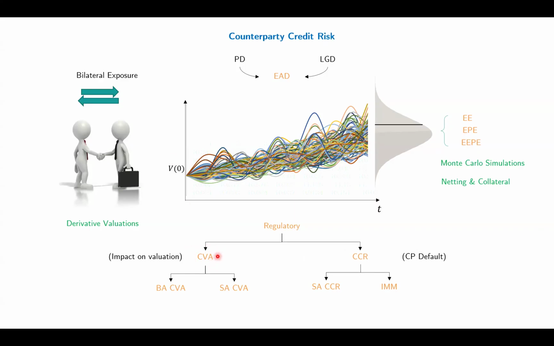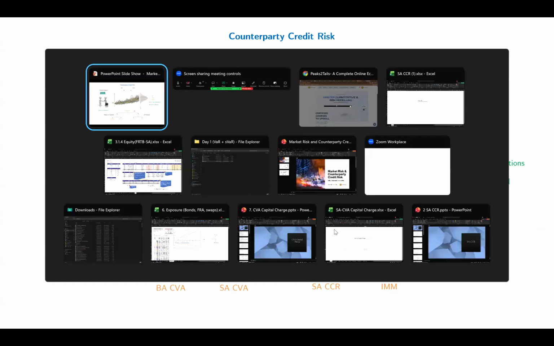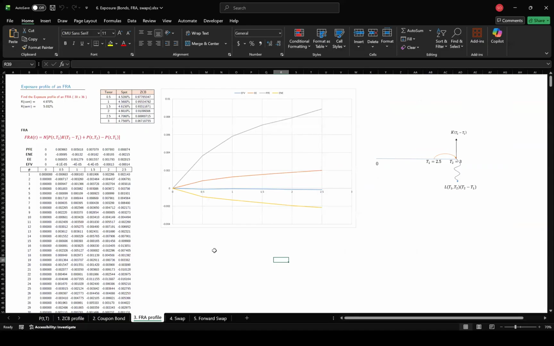So to capture the CVA-based capital, there are two approaches: basic approach and standardized approach. Everything has been covered in great detail. Let me show you a couple of samples. So for example, this is the exposure profile.